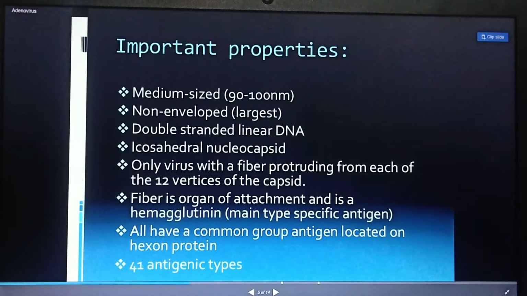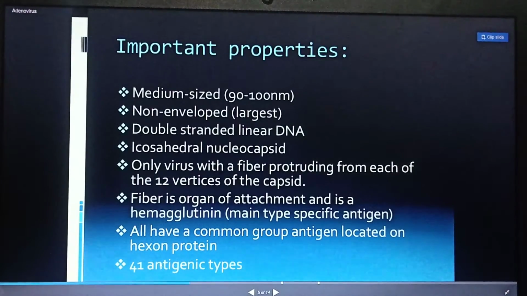Okay, and there is a fiber projecting from each of the 12 vertices of the capsid. So what they are saying is that the icosahedral structure is covered with an area that contains 12 vertices. Vertices are like sun rays in a circular area, situated like that.